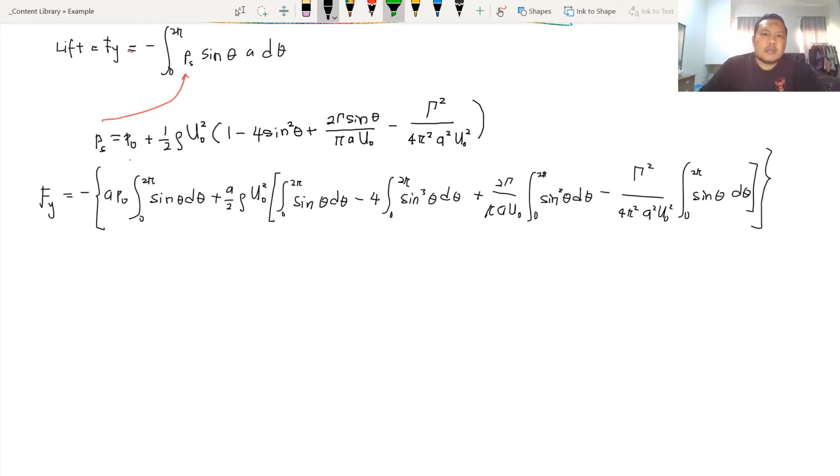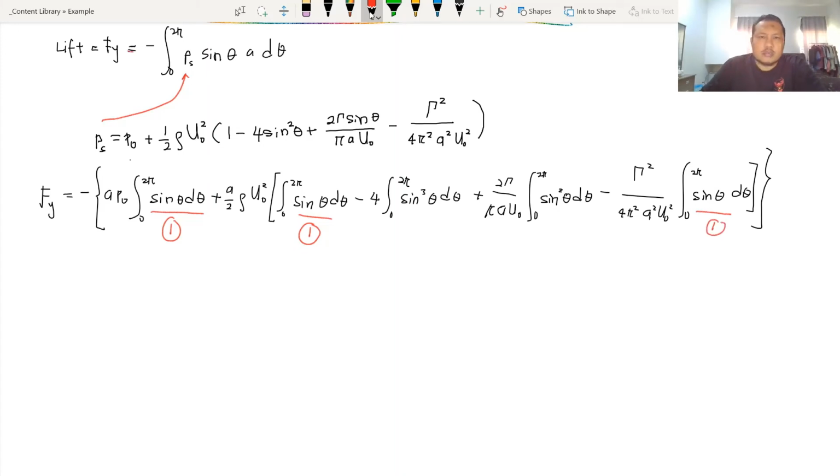Okay, similar to the previous one. So we solve this. We know that we can see from this equation we have only three sine operators that we need to solve.